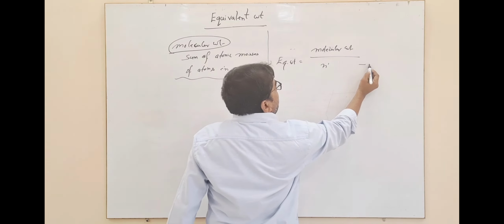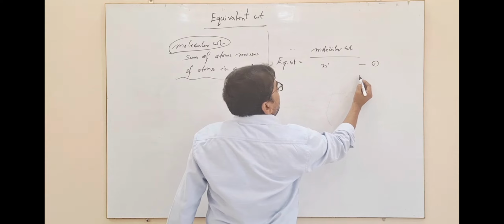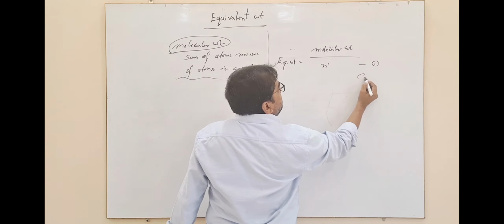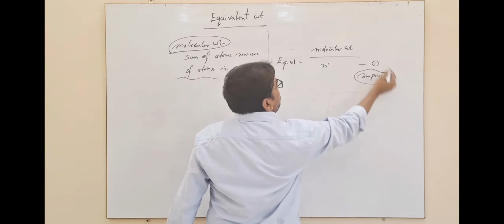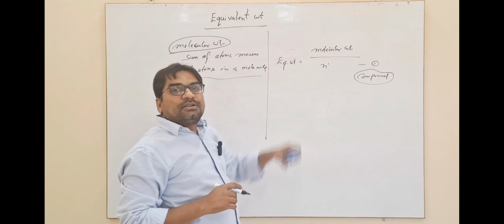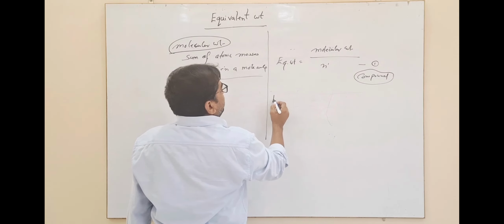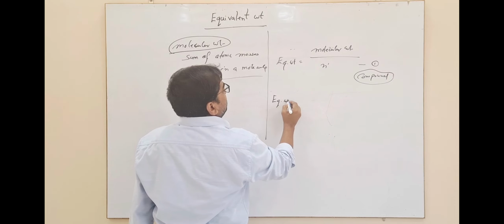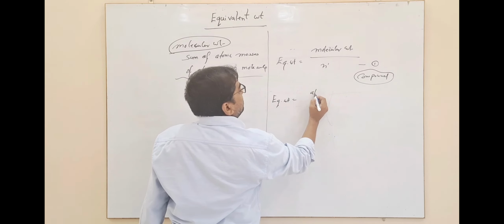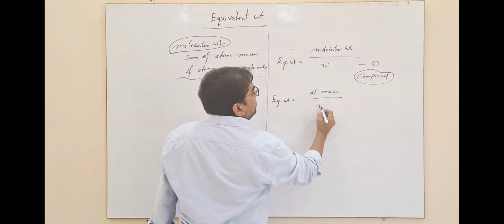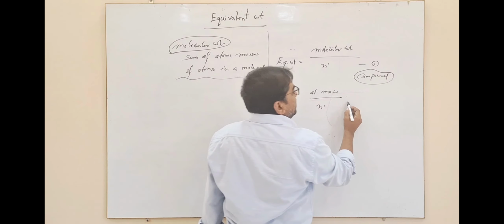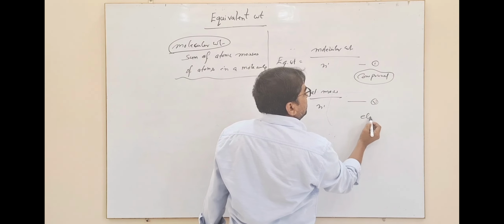If the given matter is a compound, because in a compound molecules are present, molecular weight will be given. And if it is related with an element, then atomic mass divided by n dash.